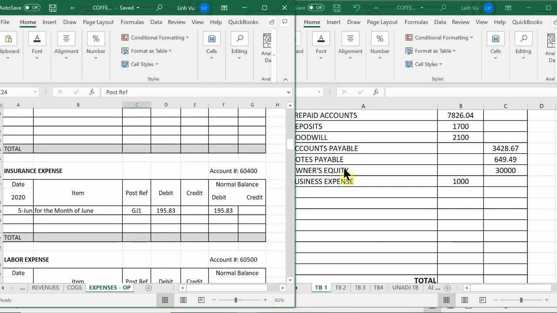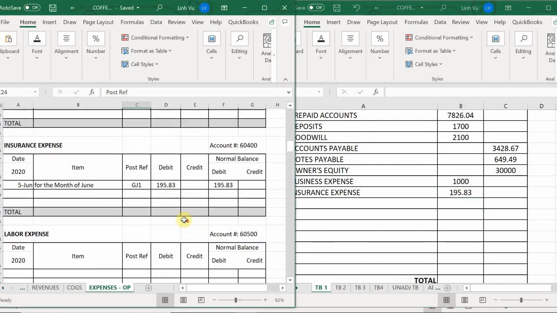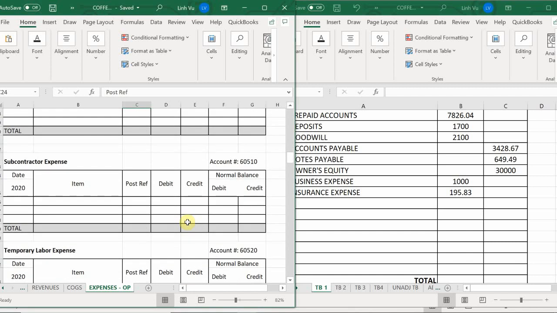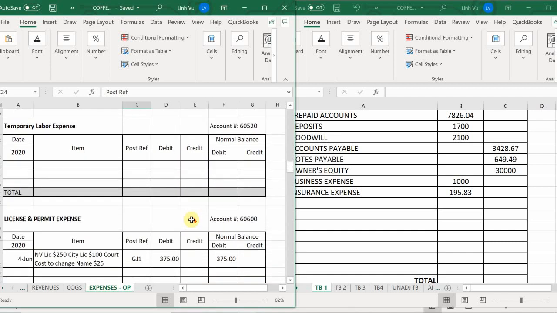What about insurance expense? Yes, for 195.83. Did we have any labor expense, subcontractor expense, or temporary labor expense?